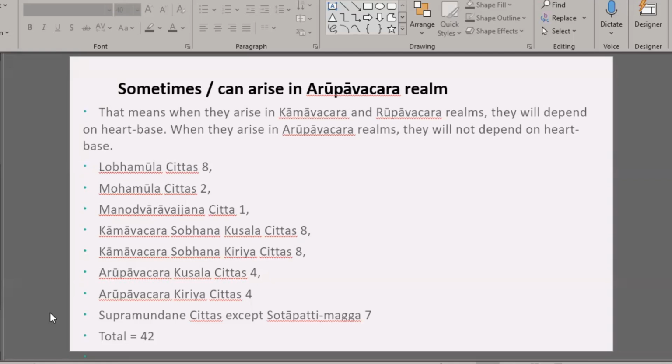When they arise in the Arupavachara realm, they do not depend on the heart base. That means these chittas can arise in the Arupavachara realm, because when they arise there, they do not need the heart base. When those chittas arise in the Kamavachara and Rupavachara realms, they arise depending on the heart base. So this is the principle of those chittas that sometimes depend on the heart base.